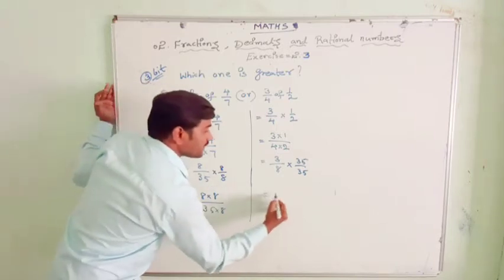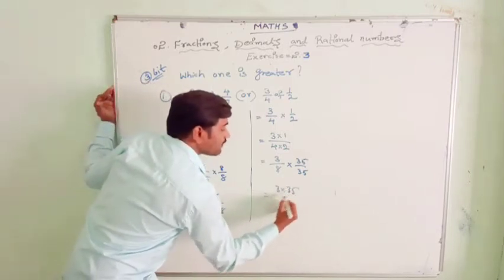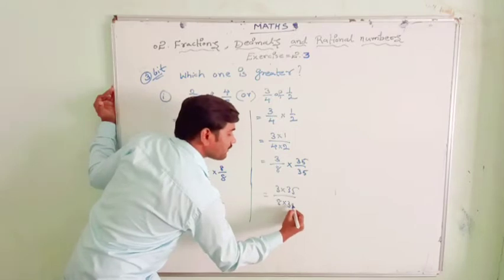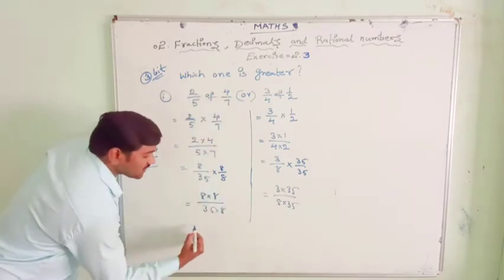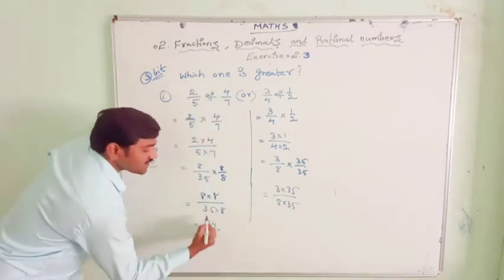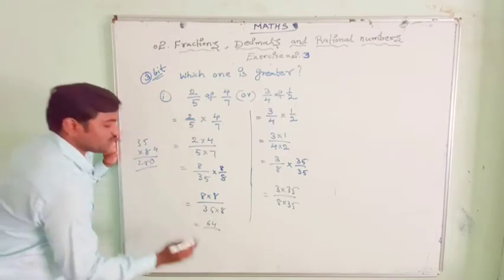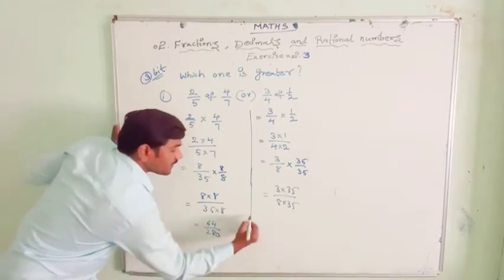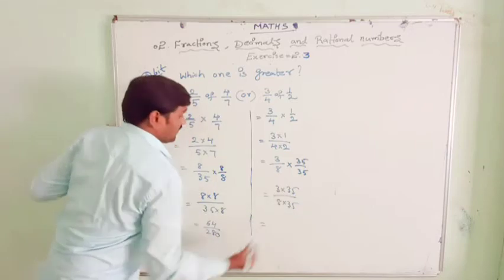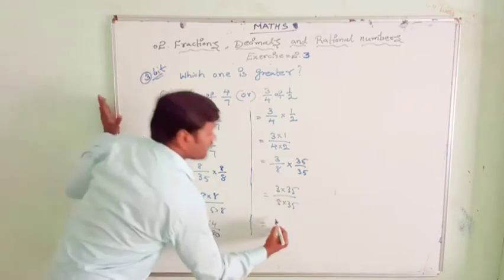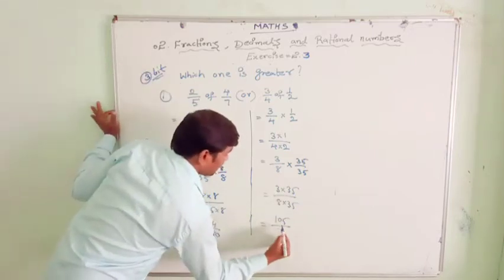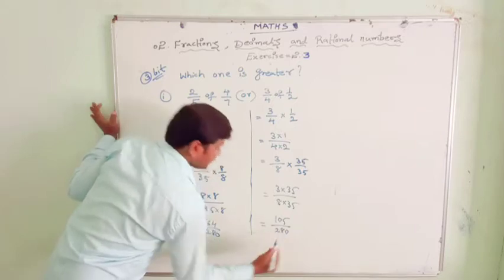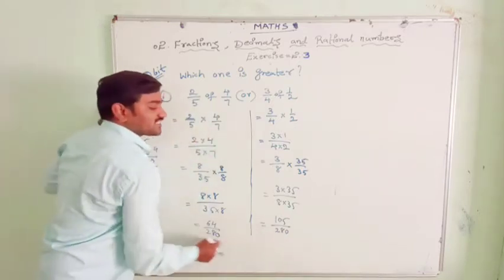So here we get 3 into 35 by 8 into 35. 35 into 3 is 105. So 105 by 280. Now the denominators are equal.